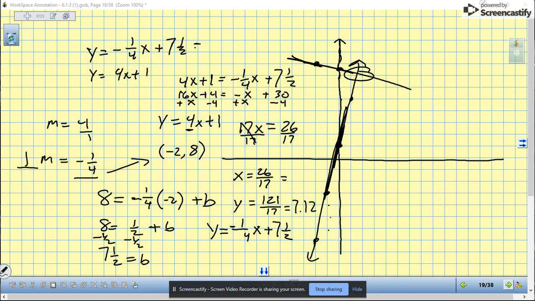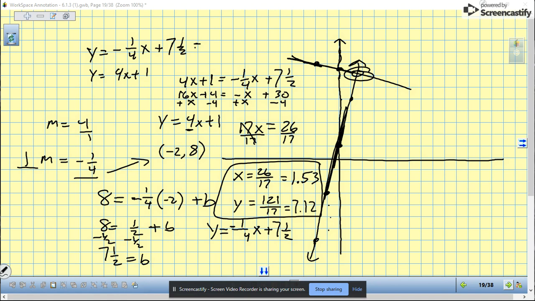And then for this other one, 26 divided by 17, you get 1.53. So we're over 1.53, up 7.12, which is right there. That's the point. Okay? A little tricky because you got to deal with the decimals there, but that happens sometimes.